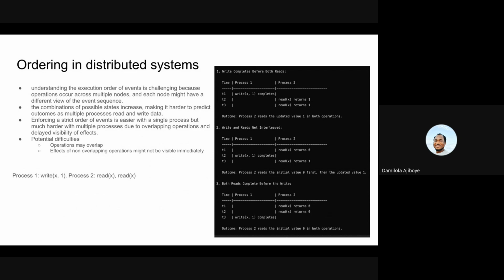You can't define the order in which the instructions of those different threads would be arranged, because it's up to the processor to decide that. It's a similar challenge in distributed systems, because now you have multiple nodes and multiple client processes all trying to perform read or write operations.